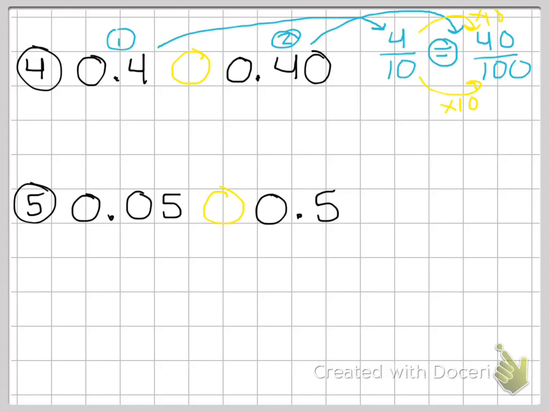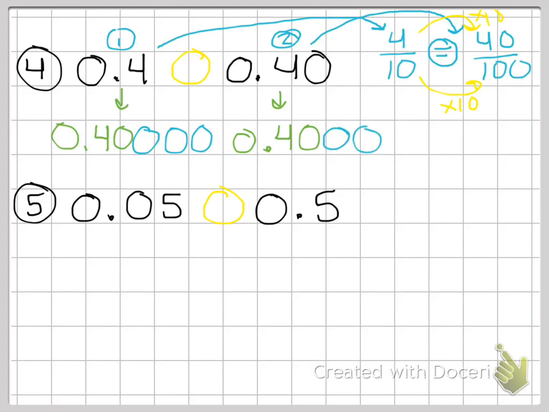Another way you can think about it besides fractions is again referencing that money that we were talking about before. So 4/10 can be written as 40 cents, right? And so can 0 and 40 hundredths also be written as 40 cents. I can add as many zeros as I want to the end of a number, and it still remains that same value.